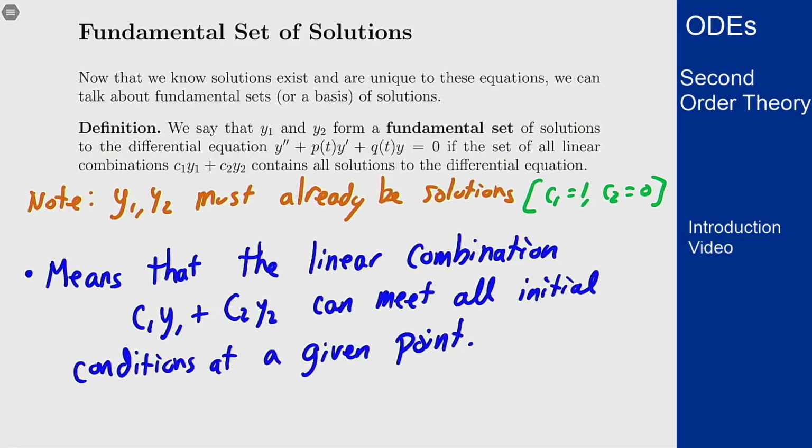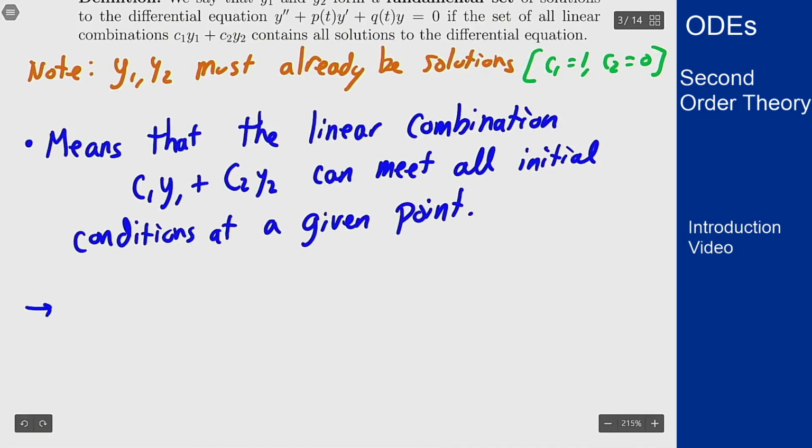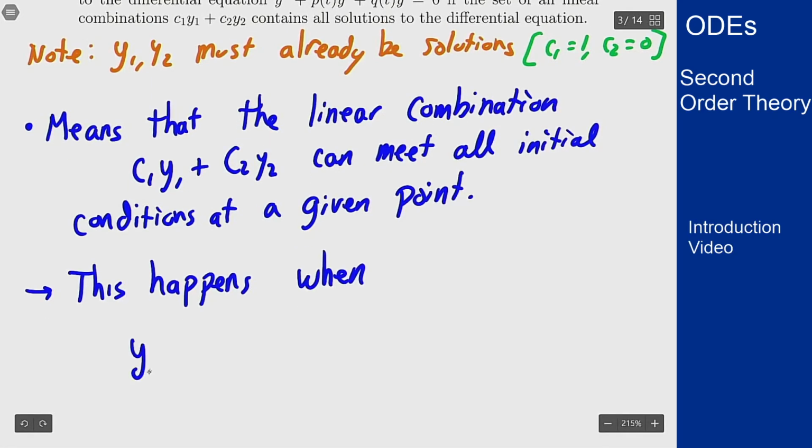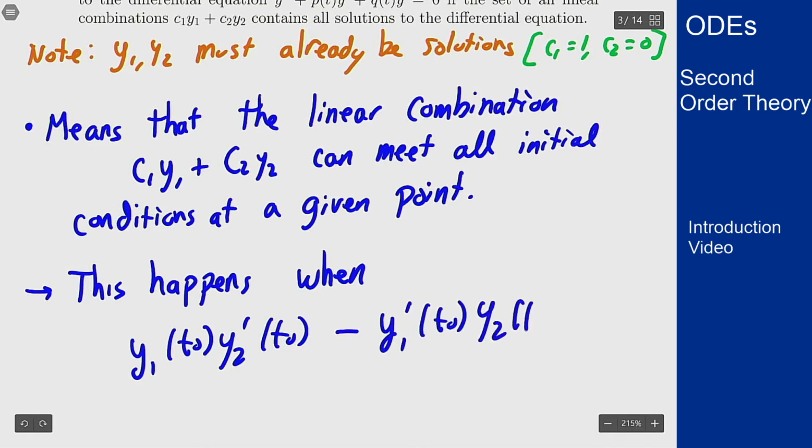Which means the idea of a fundamental set also means meeting all initial conditions, which gives a better expression for calculating this. This happens when y1 at t0 times y2 prime at t0 minus y1 prime at t0 times y2 at t0 is not 0.